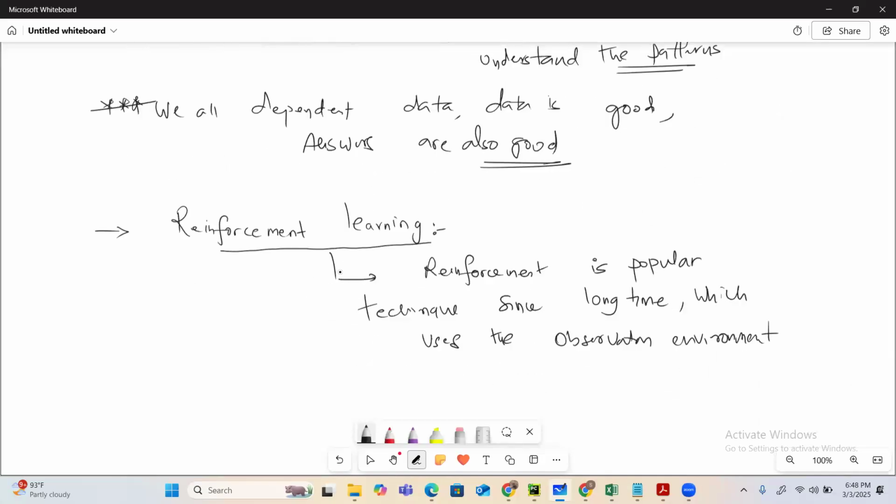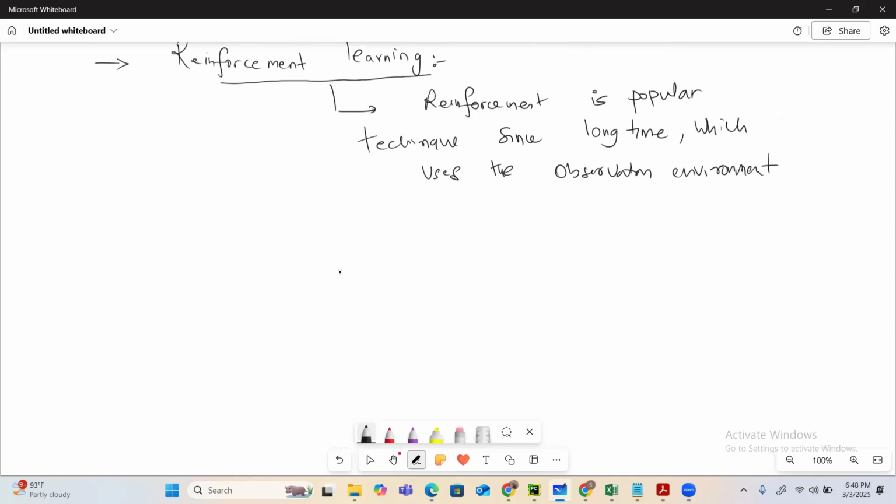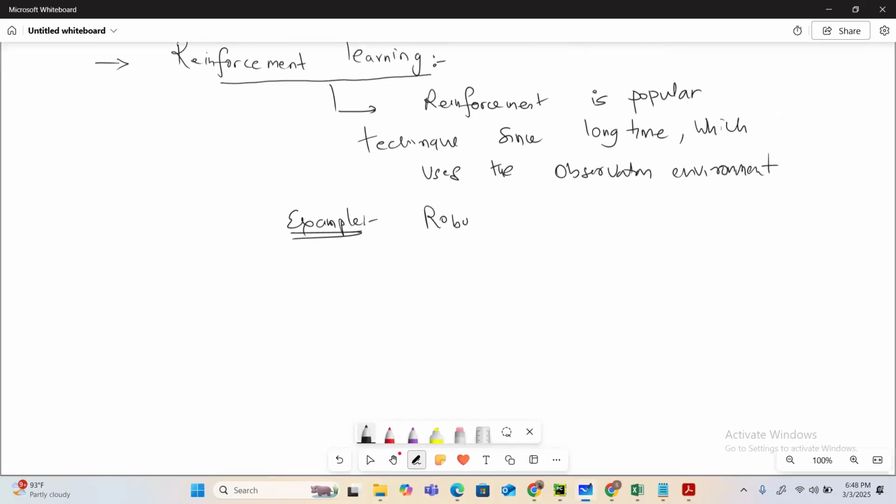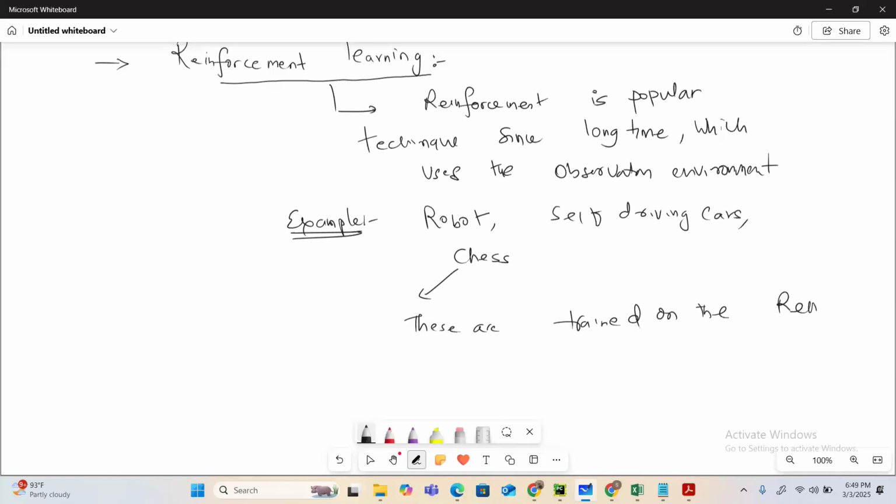Examples to talk about now: one is robots, self-driving cars, and chess. These are trained in the reinforcement way.